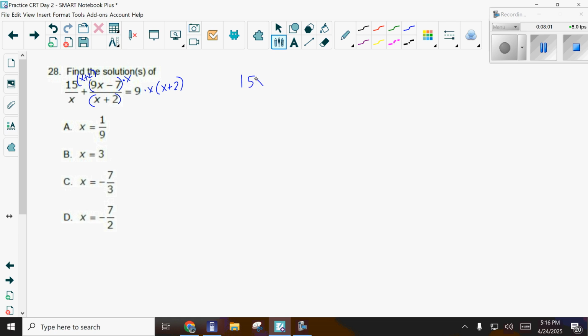So we'll have 15x plus 30 plus 9x squared minus 7x equals 9x squared plus 18x. Now this question is kind of messy, so I'm going to start to organize it by combining like terms.